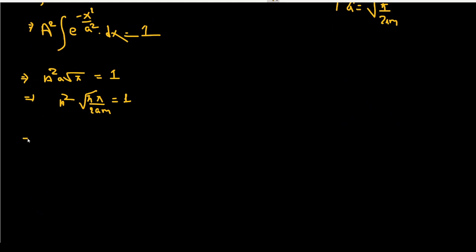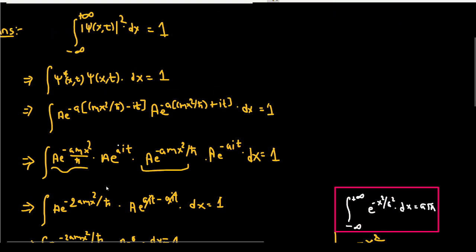And now putting it on the other side, what we get is that A square equals the root under 2am divided by h cut pi, and so the value of A will become nothing but 2am divided by h cut pi to the power 1 by 4. So this is our value of the normalization constant A.